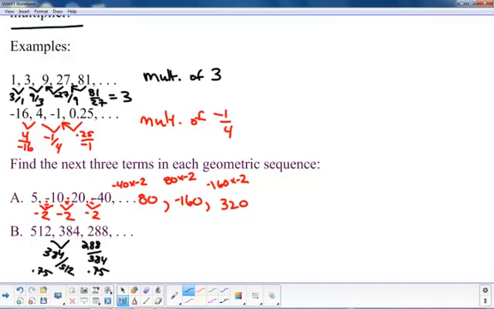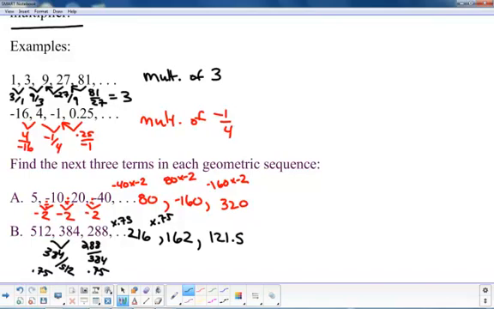So to get the next number, I would multiply by 0.75. If you use a calculator and you type 288 times 0.75, you get 216. That times 0.75, you could also do 3/4, is 162. And that times 0.75 is 121.5.